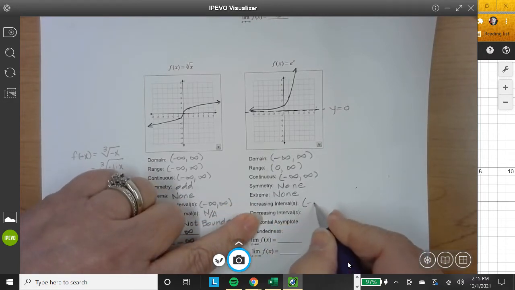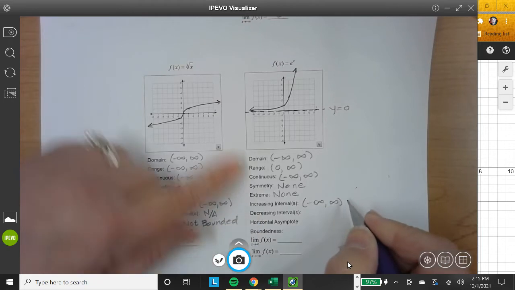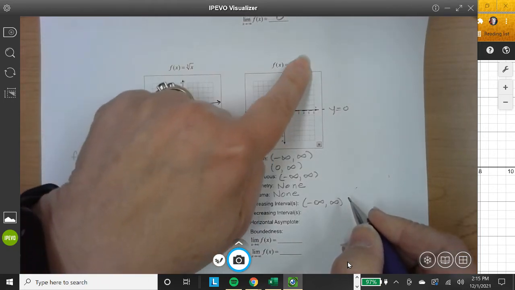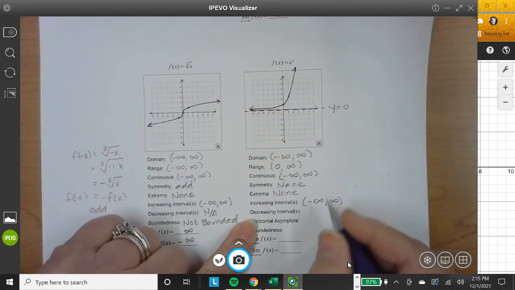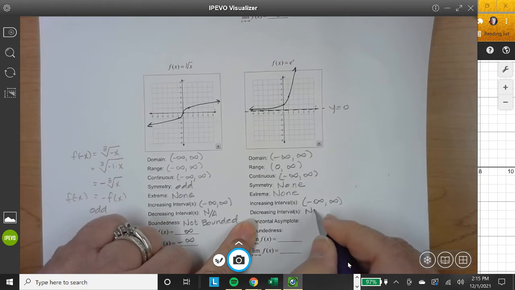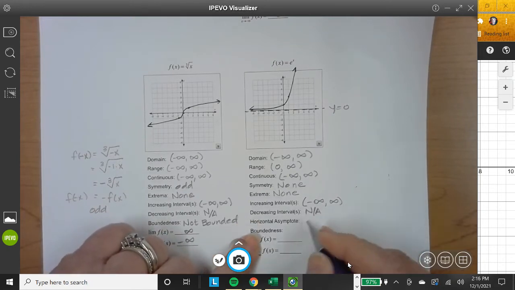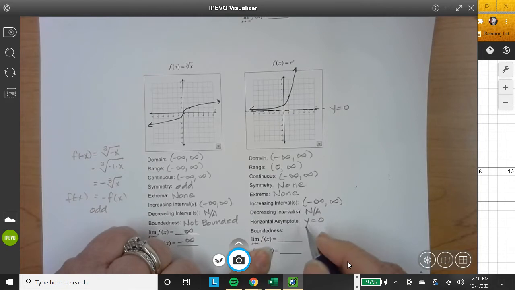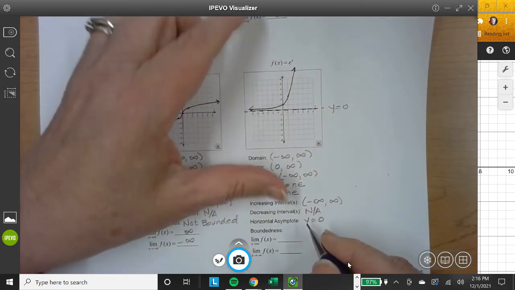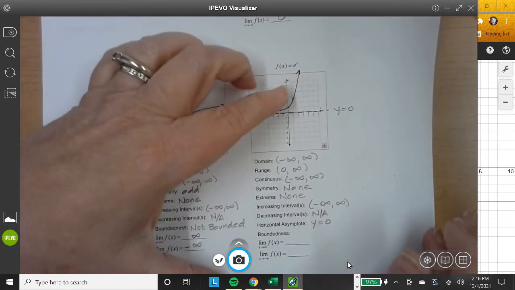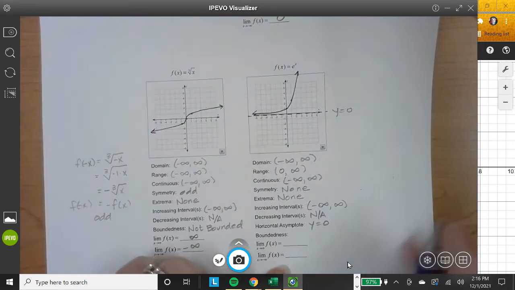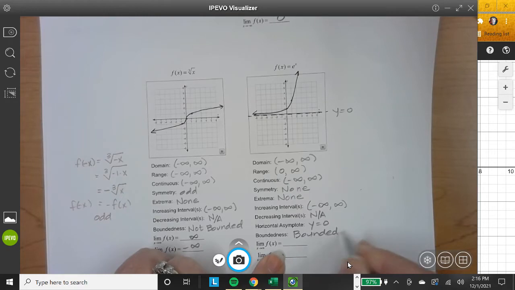It is only increasing from negative infinity to infinity. My finger on the function is always increasing. Decreasing intervals, none. They're not applicable. Horizontal asymptote at y equals 0. Boundedness: it's not bounded from above, but it does have a lower bound, so it's bounded below.